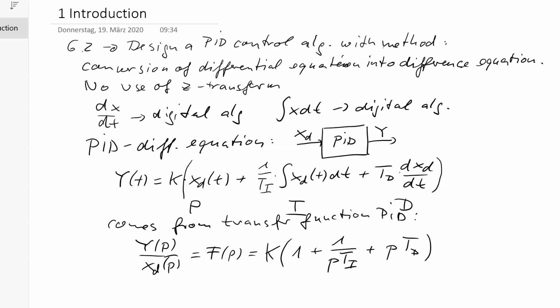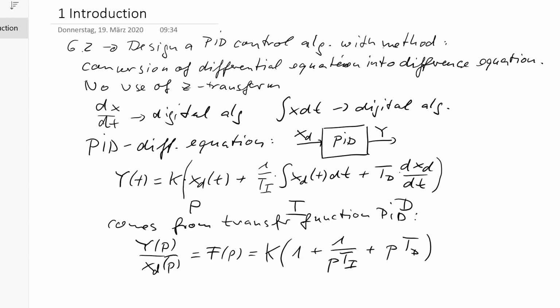The factors are the same because the conversion from time into frequency by Laplace transformation is linear. The integration is converted into a 1 over p in frequency, and the differentiation is converted into a multiplication with p in the frequency domain.